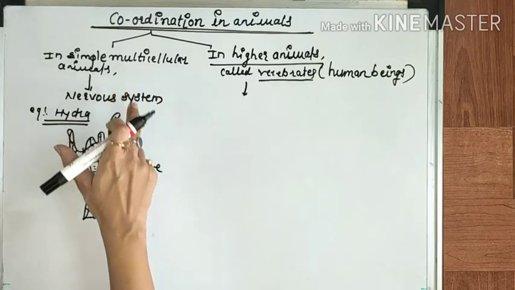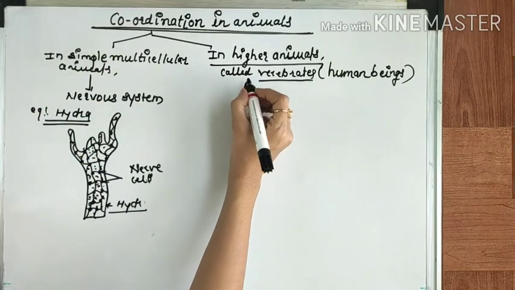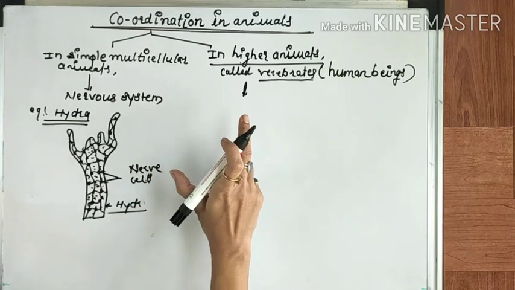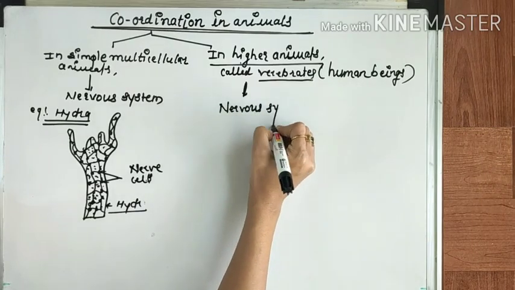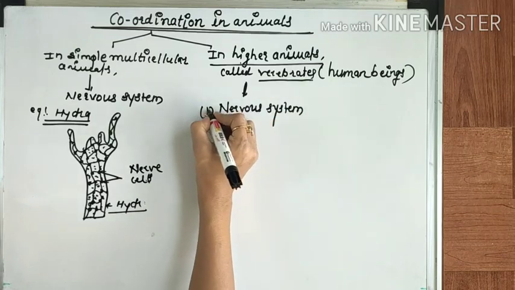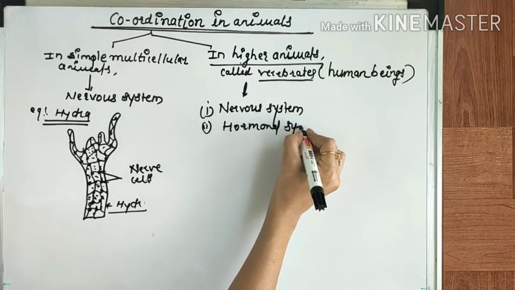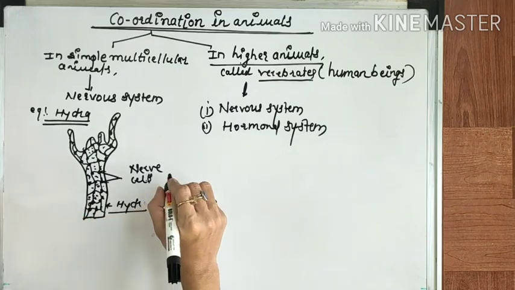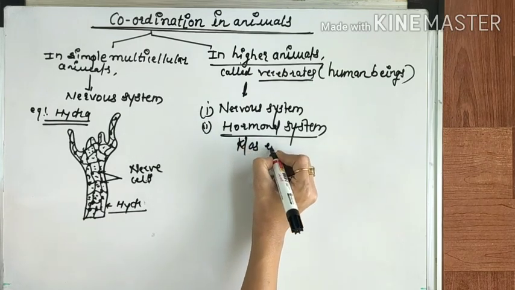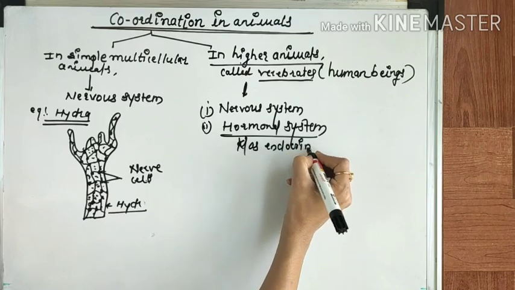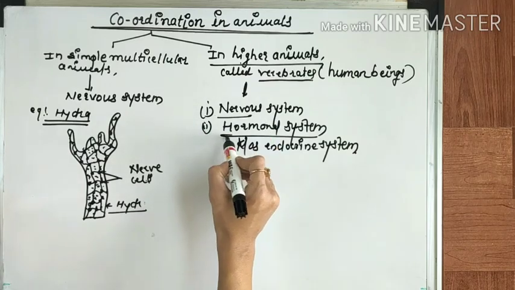As we know, in simple animals only the nervous system is involved in control and coordination, whereas in higher animals there is the nervous system as well as another one called the hormonal system, also known as the endocrine system.